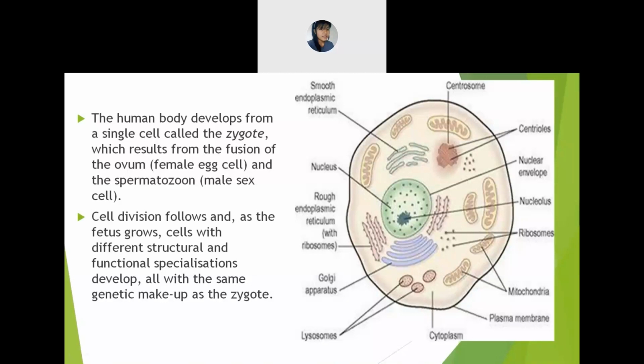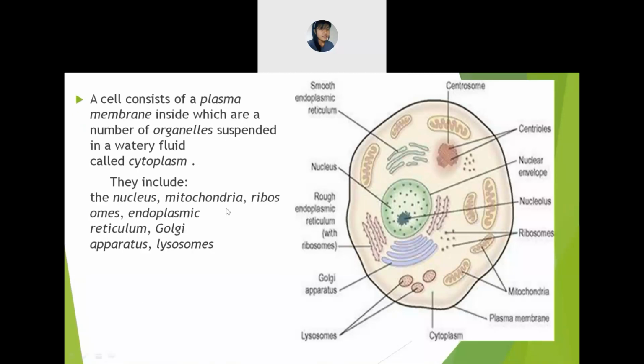The cells with different structural and functional specializations develop, all with the same genetic makeup. Is it clear, this portion, everyone? Yes, ma'am. Okay.